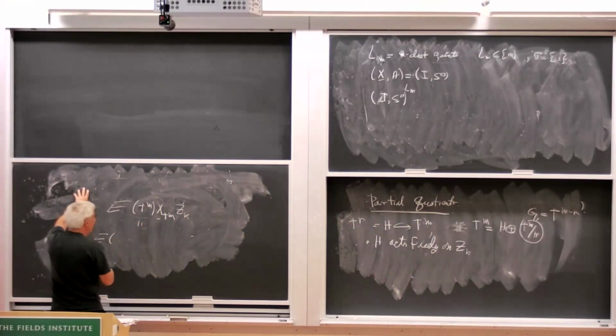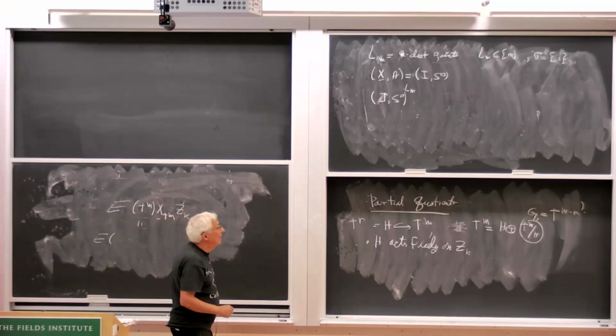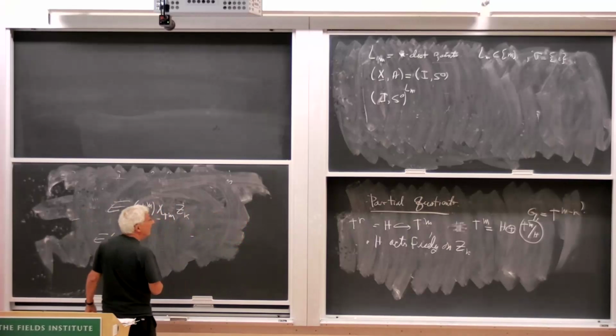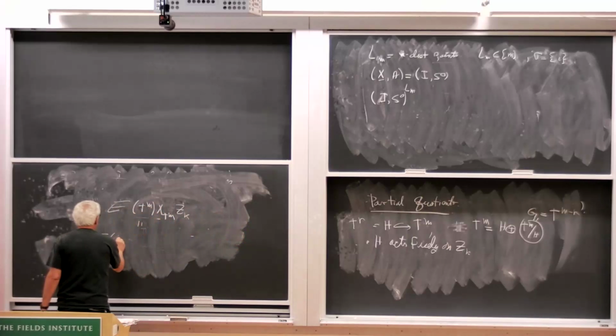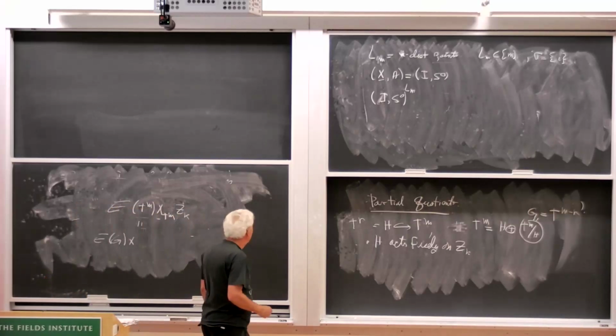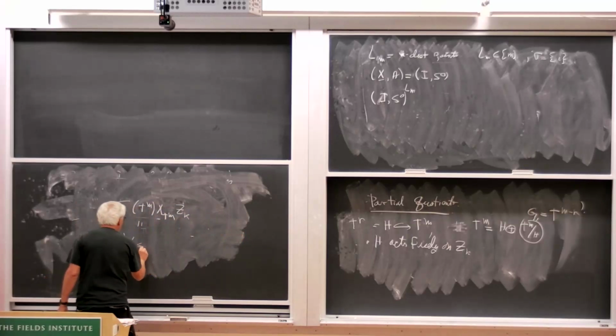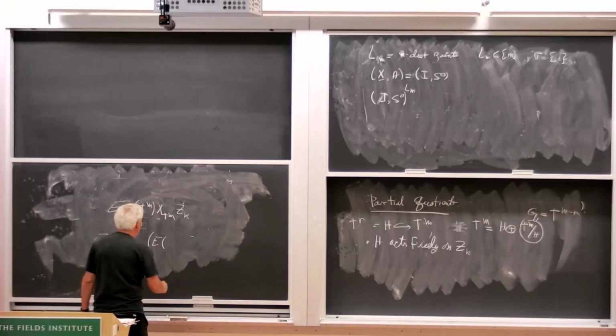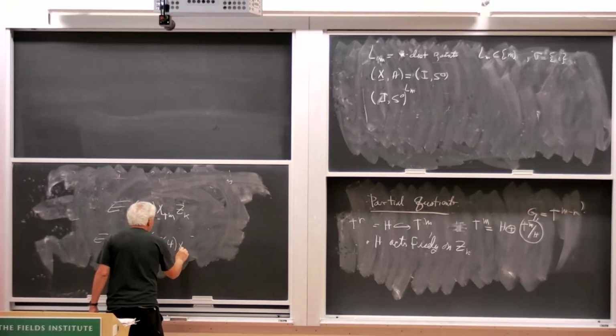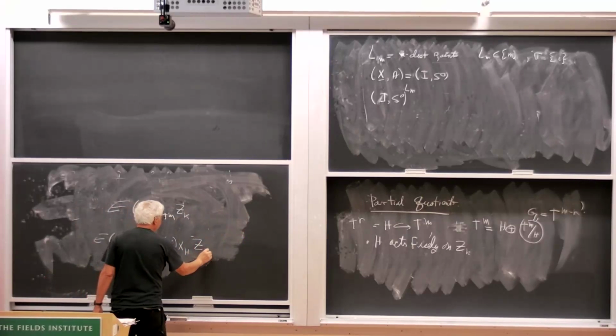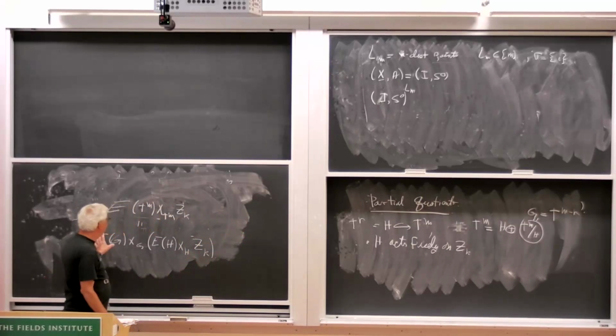So I'm going to take EG crossed over G with EH crossed over H with ZK. I just decomposed Tm.